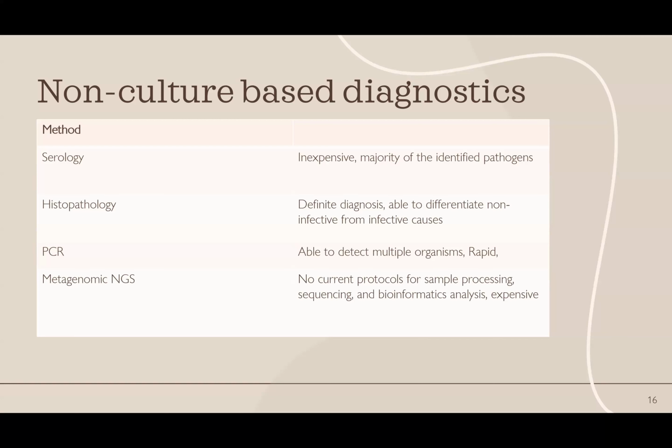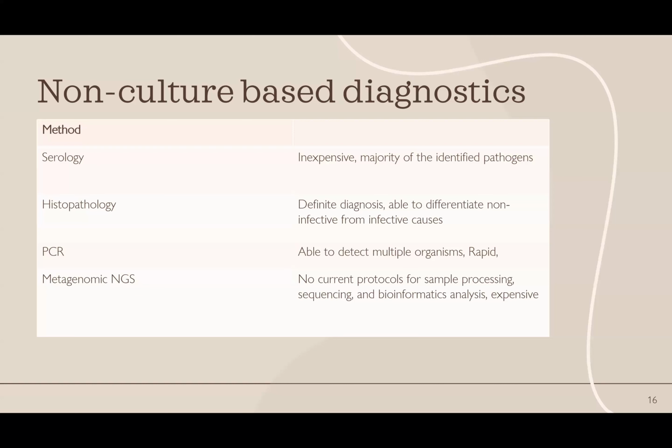In terms of histopathology, it offers a definite diagnosis, and we're able to differentiate non-infective from infective causes. In terms of PCR, again, we're able to detect multiple organisms. It's quite rapid. We have access to a 16S rRNA pan-bacterial PCR, and an 18S rRNA fungal PCR is available.